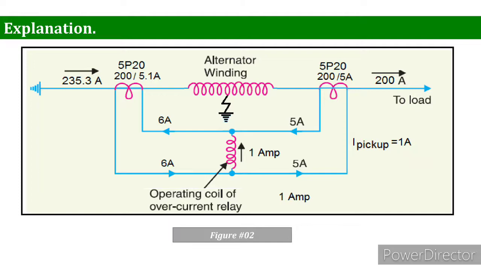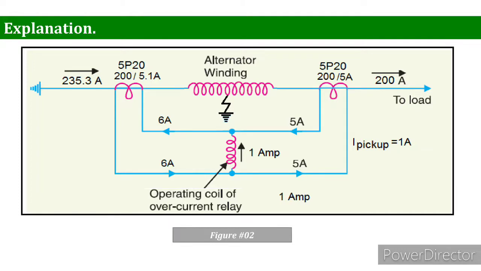As you can see, you have 235.3 ampere at left hand side and you have 200 ampere on the right hand side. Now what will happen? The CTs are same, 200 by 5.1 and 200 by 5 ampere.